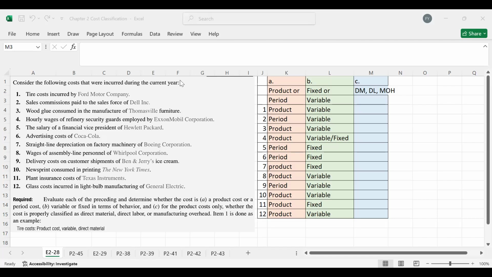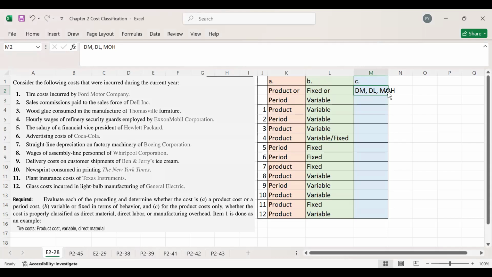In our previous lecture, we have already classified them as product cost or period cost and fixed or variable cost. But this lecture is particularly about the classification of direct material, direct labor, and manufacturing overheads. In this problem, we are going to classify these costs into direct material, direct labor, or manufacturing overhead.